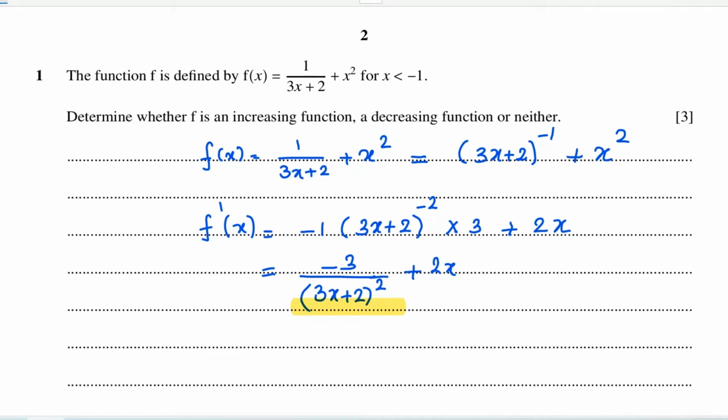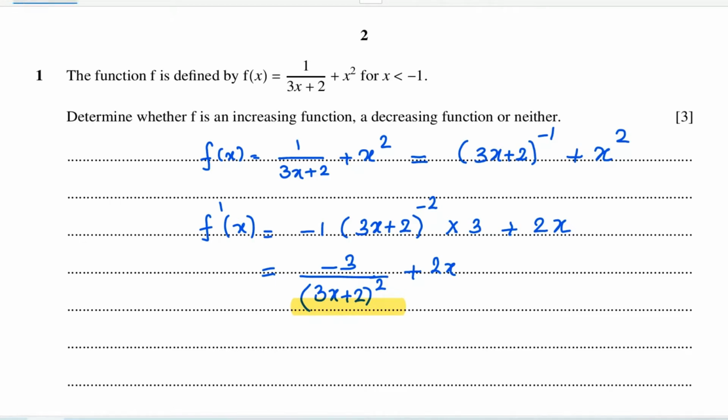So when you substitute a negative value for x, because you are having the whole square, you are going to get a positive value in the denominator, but in the numerator we are having a negative value. So the first term will be overall negative, and the second term is 2x. So when you substitute a negative value for x, that term will also be a negative term. So a negative term added with another negative term gives a negative value.